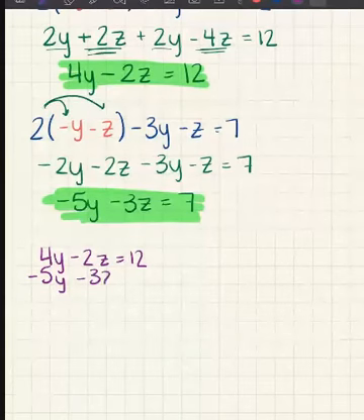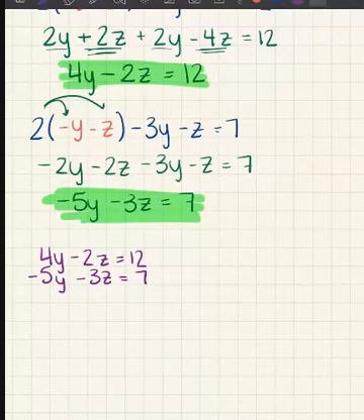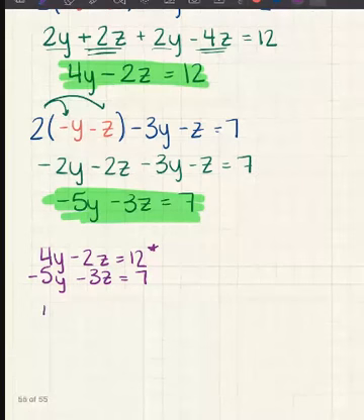If we're going to continue with substitution, just so that you guys can see what's going on, this top equation could be quite nicely solved for z. We could take 4y minus 2z equals 12 and rearrange it a little bit.